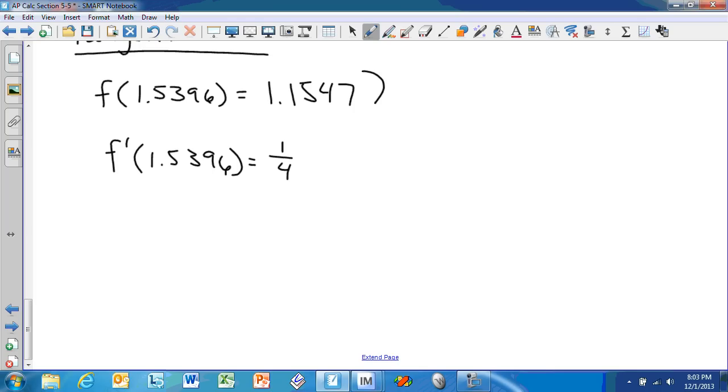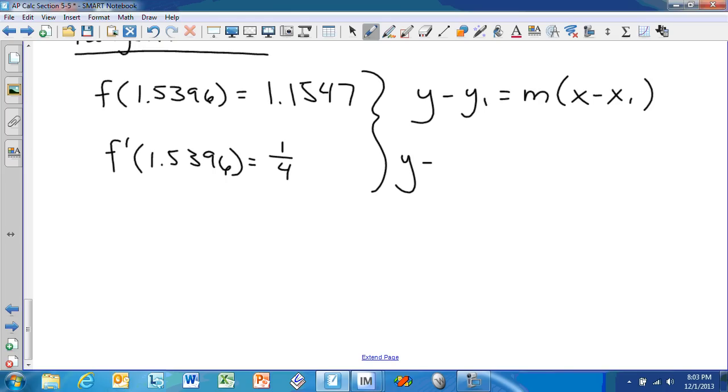I got to write my equation here. We'll do that over here on the left. It's y minus y1 is equal to m times x minus x1. So it's y minus 1.1547 is equal to my slope, which is 1/4, times x minus x1, that's the 1.5396.